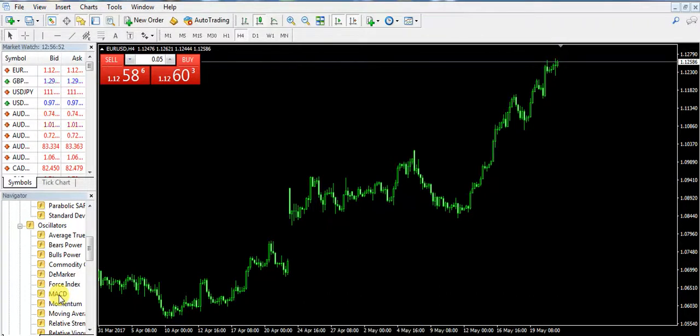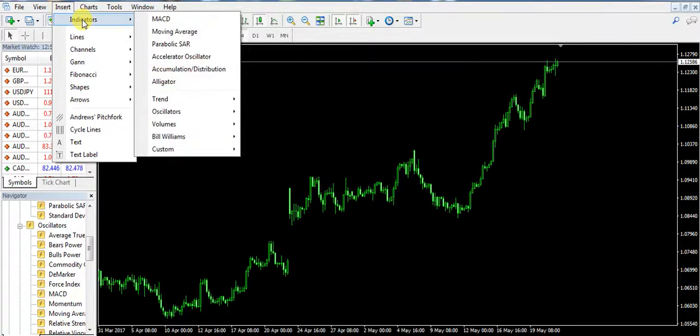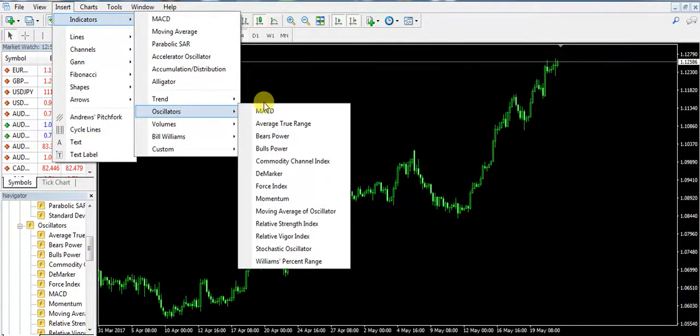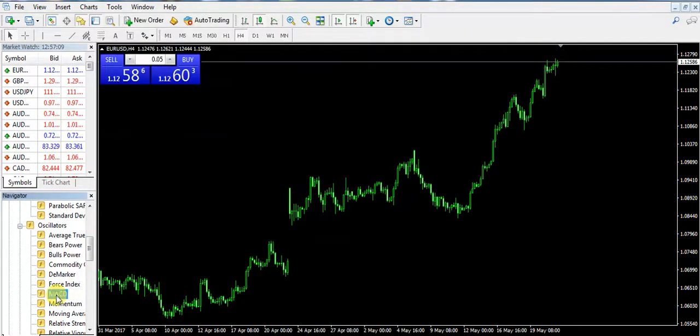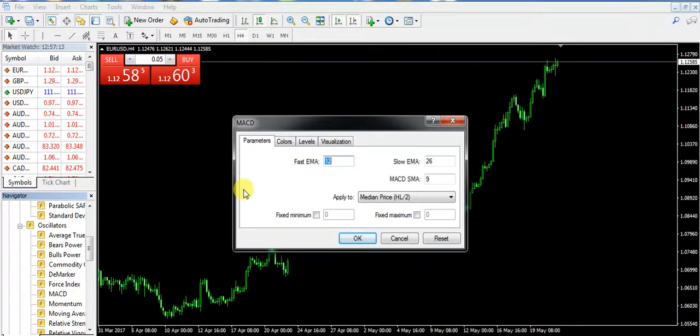As usual, you can also insert the MACD by going to Insert, Indicators, then going down to Oscillators, and you'll find the MACD over there. It is, however, far simpler to just click on it, drag it onto your chart, and drop it onto your chart.